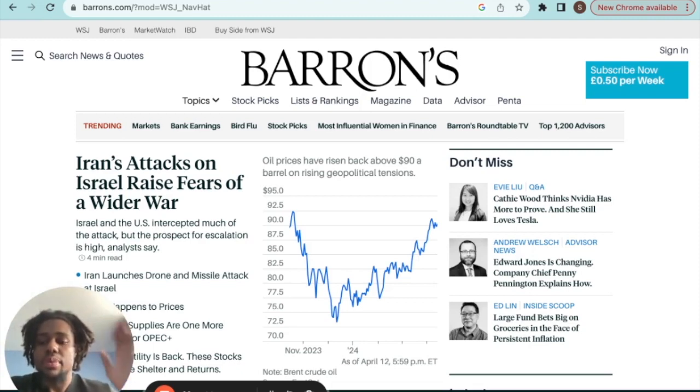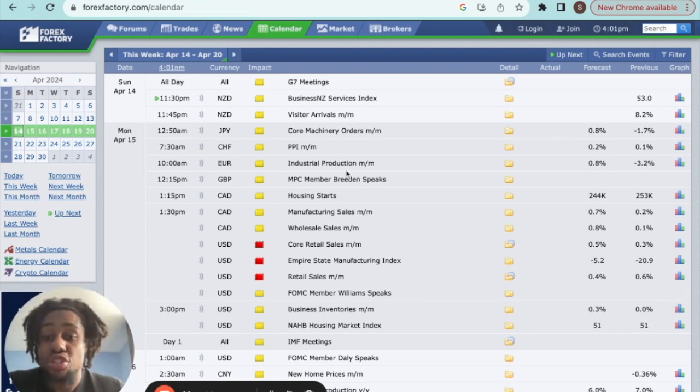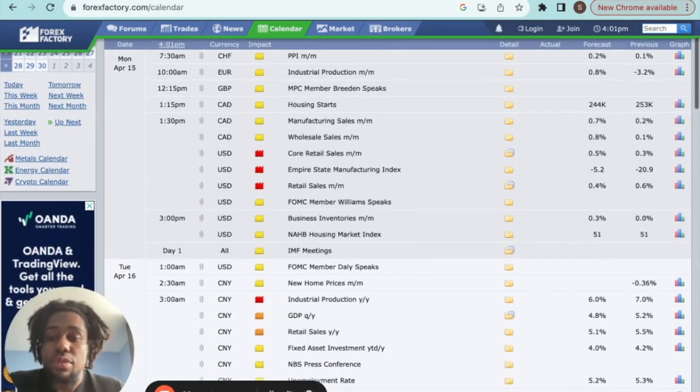Dollar index has been moving upwards steadily, respecting discount PD arrays. So everything looks normal for now, obviously. But with the news, which cannot be stressed enough, it's very, very important that we consider the news and what's been going on. It's very important that we place that as what's going to be the main driver for the markets this week, and maybe even consider not trading this week. That could also be a possibility.